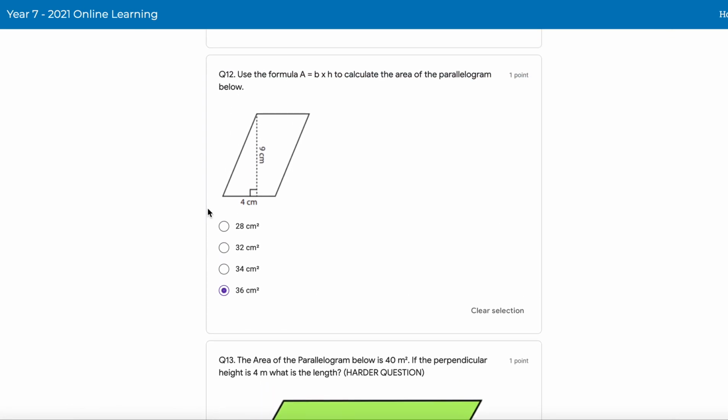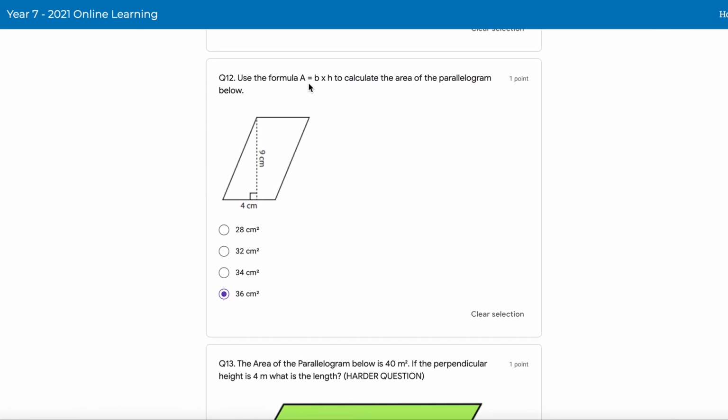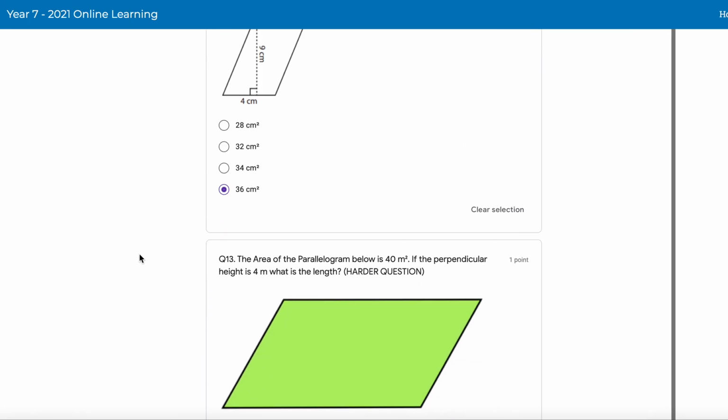Well, let's check if it's true. Let's put it into the formula again. So our area is 40. So 40 has to equal our base, which we just said was 10, times our height, which we know already is 4. So 40 equals 10 times 4. Does that work? Yes, it does. 40 is 10 times 4.